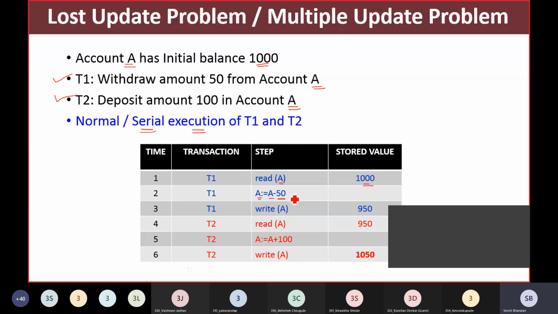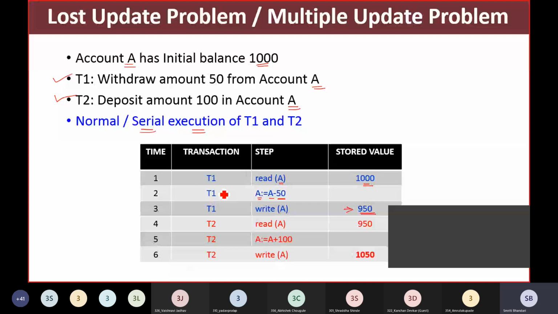After this operation, T1 needs to write the balance back to account A, so T1 executes write A. Now T1 is writing this amount 950, so after executing T1, the balance of account A is 950.